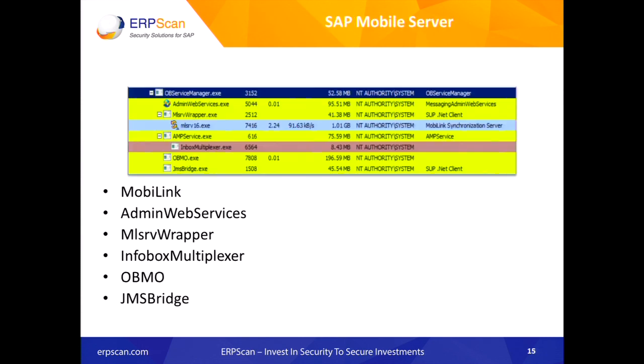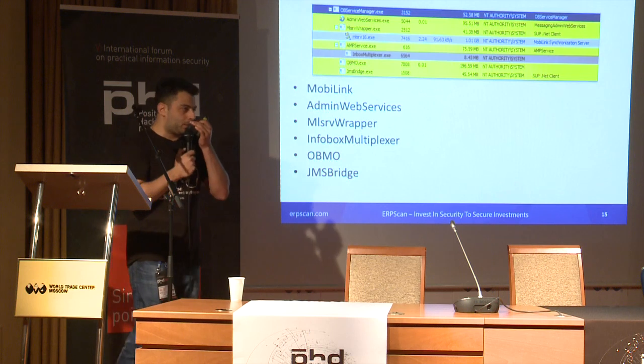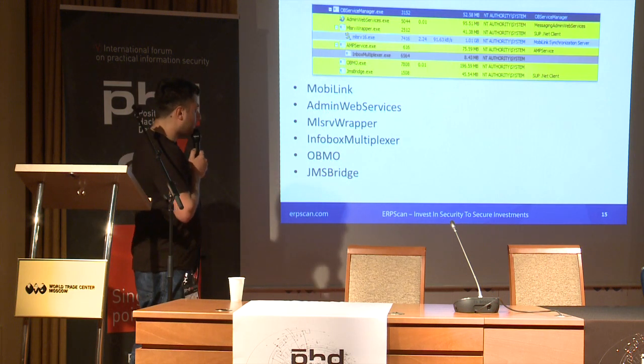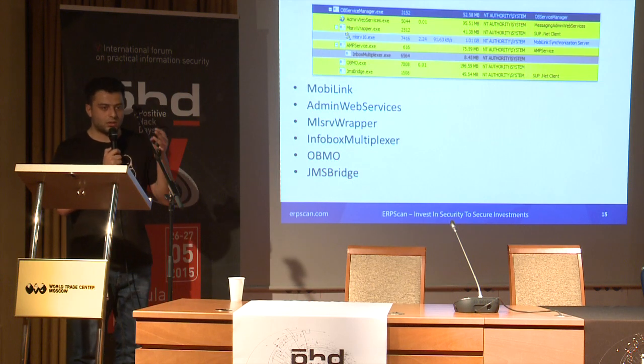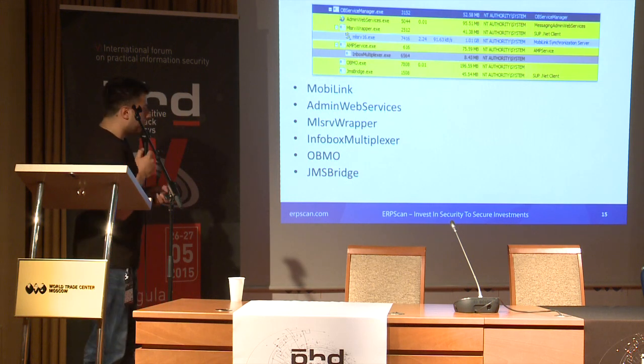The third service is the SAP Mobile Server. SAP Mobile Server represents 6 main services, but today we're going to look at 2: Mobilink and the Admin Web Service. This is the core of the SAP Mobile Platform, which is responsible for processing requests coming from the portable devices.